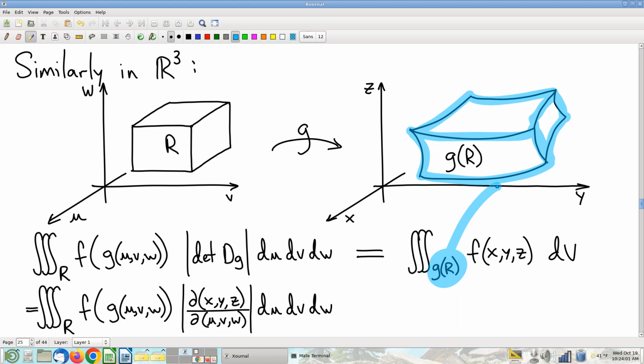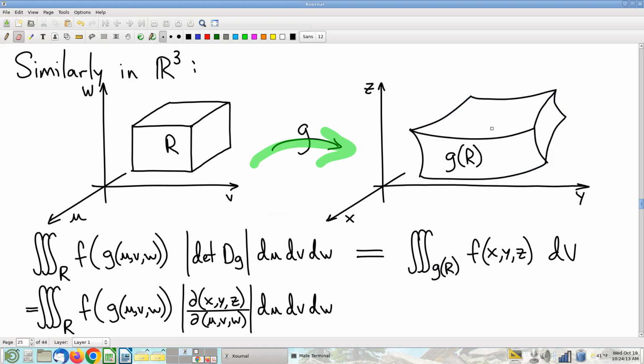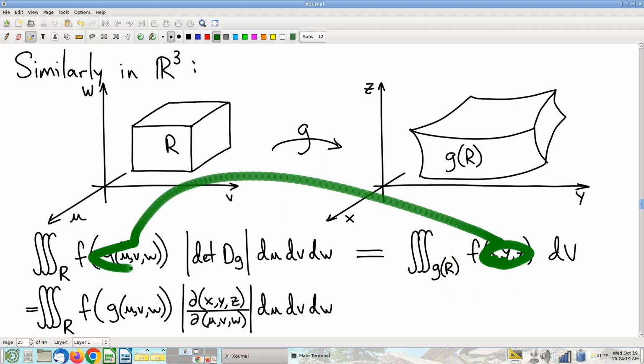So the big idea is that everything over here can be pulled back through the change of variables function. Exact same idea. So this integral turns into this integral. A lot of that is just the plugging in itself. XYZ is G of UVW. That's what G does. That's just plugging in. So that part of the pullback is pretty straightforward.